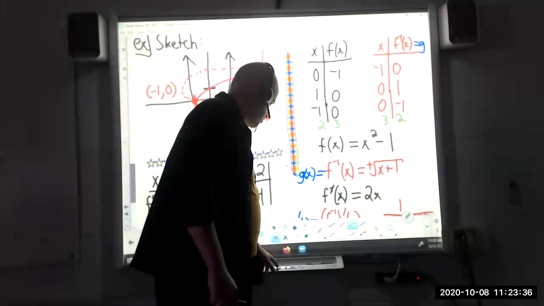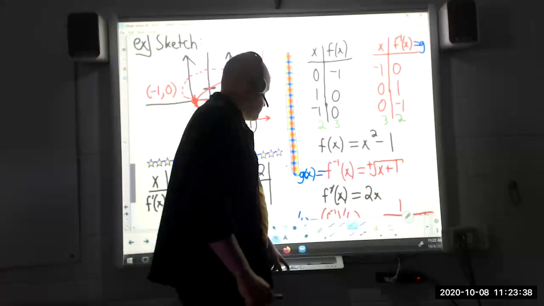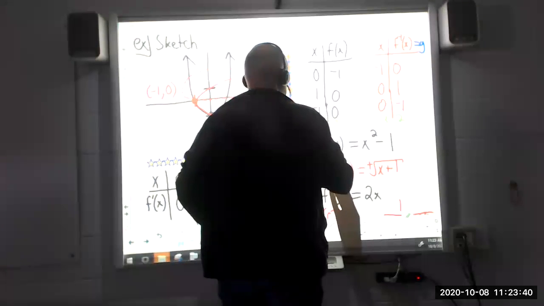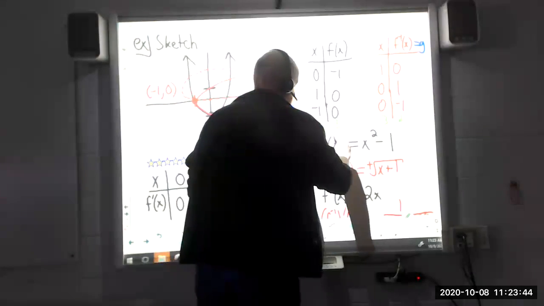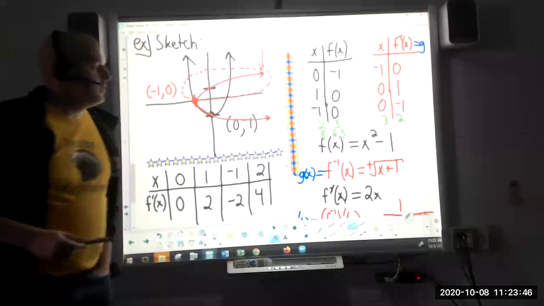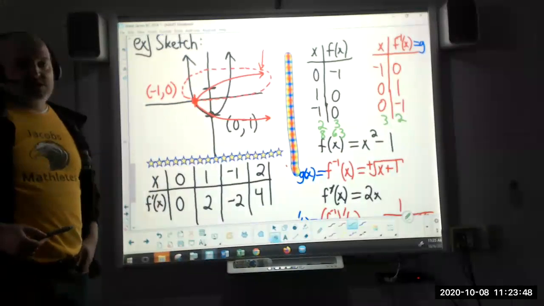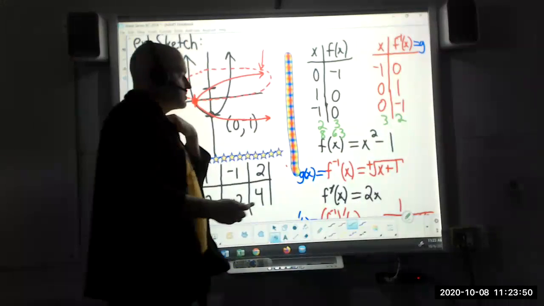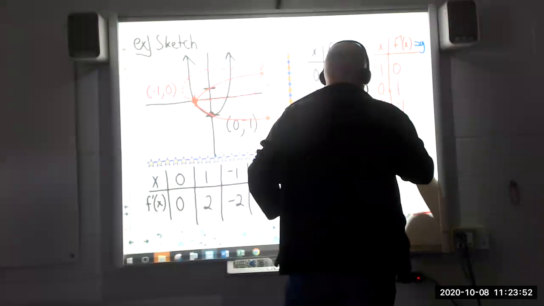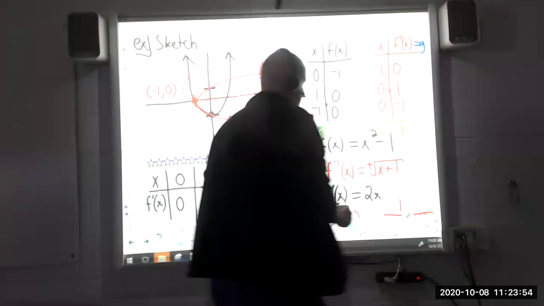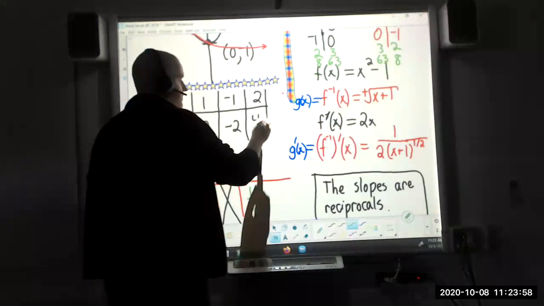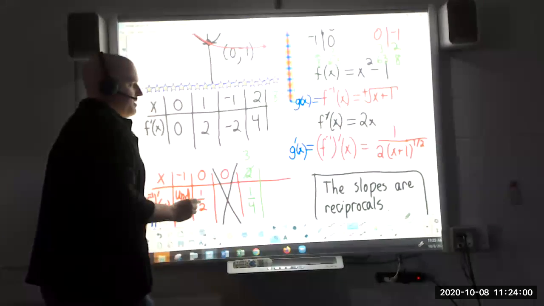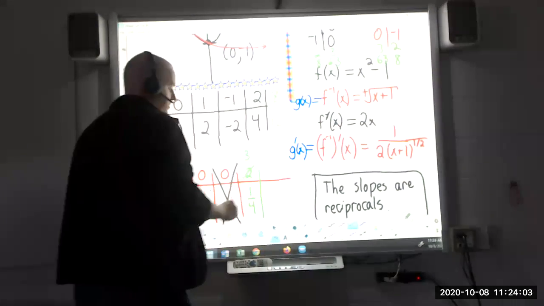8. 8 seems like a good one. Okay. f of 8 is 63. So in the inverse function, it's 63 with 8. Watch what happens. The slope at 8 is 16.